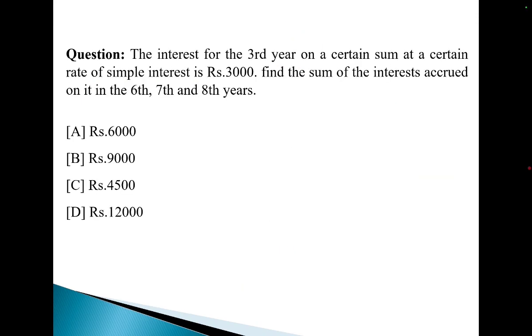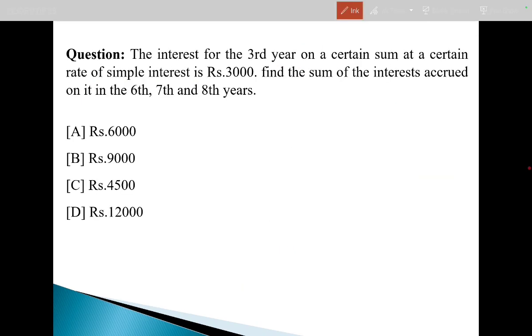Now the second question. In this question they said the interest for the third year on a certain sum, the third particular year. Okay, it's not 3 years, it's the third particular year. The interest on some sum, that is 3000, and we have to figure out the sum of the interest that he has earned in the 6th year, 7th year and 8th year together.